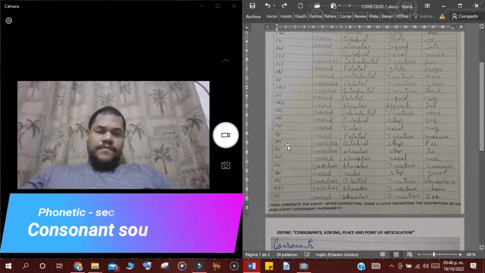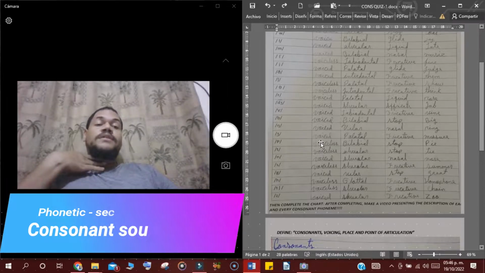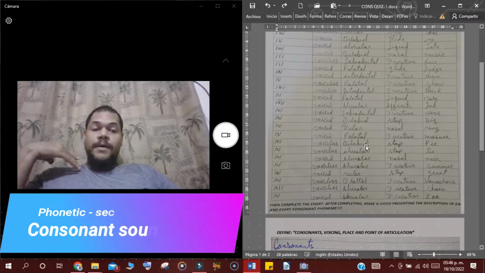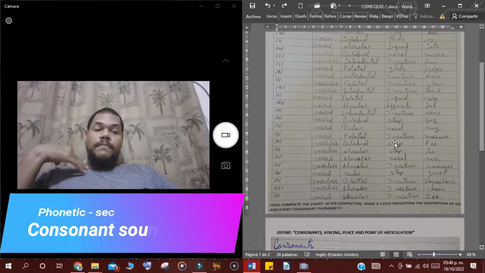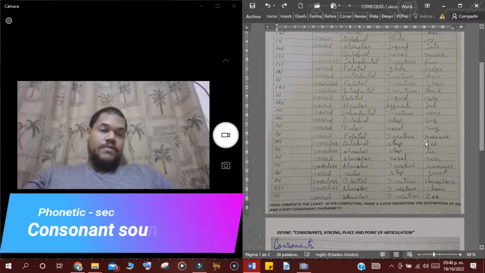Now we have the letter P, that is the representation. That one is voiceless, bilabial, and stop. And the word that we can use as an example is pie.